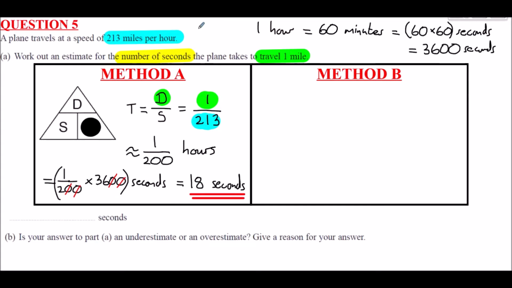Method B, it's more like a build-up method. So method B, we're just basically considering speed as a ratio of distance travelled to the time taken. So we're told it travels 213 miles per hour. Okay, so that means 213 miles in 1 hour.